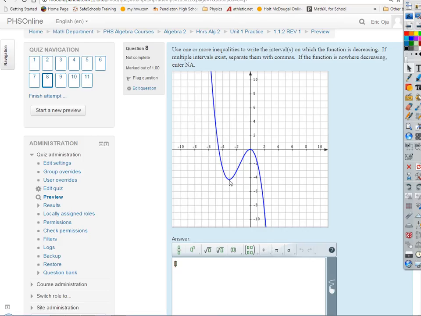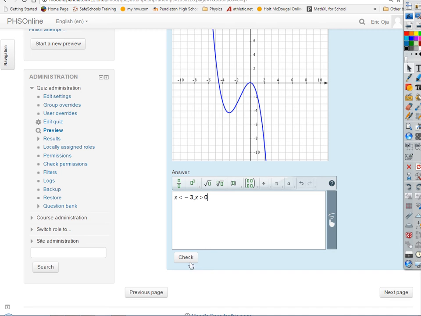It's bounded at its upper limit of -3, and we're going to keep all the x values to the left of that. So all we have to say is x is less than -3, comma, which stands for or, x is greater than 0. Those are the two places on those intervals where the ant is walking downhill from left to right. So therefore the function is decreasing.